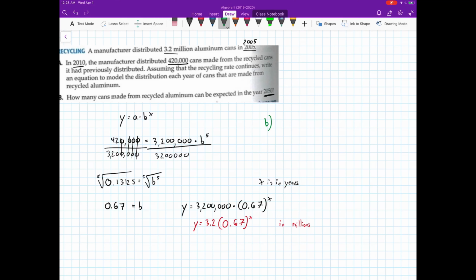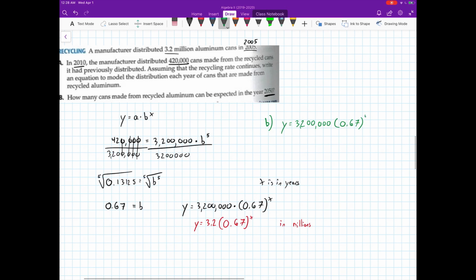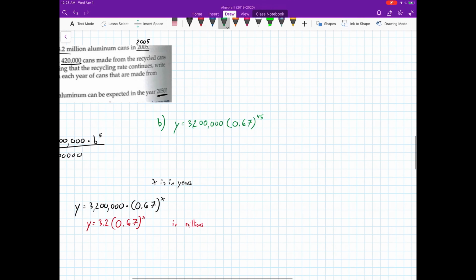So I'm going to do y is equal to 3,200,000 times 0.67 to the, and it's from the original year, 2005, so it's been 45 years since then.